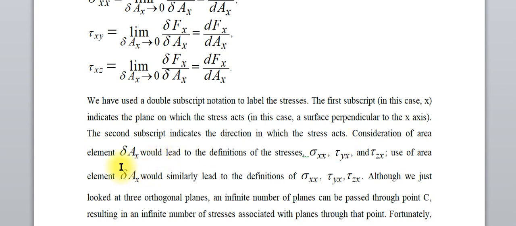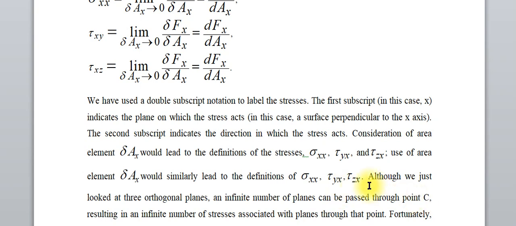Consideration of the area element delta Ax would lead to the definition of stresses sigma xx, tau yx, and tau zx. Use of the area element delta Ay would similarly lead to the definitions of sigma yy, tau xy, and tau zy.